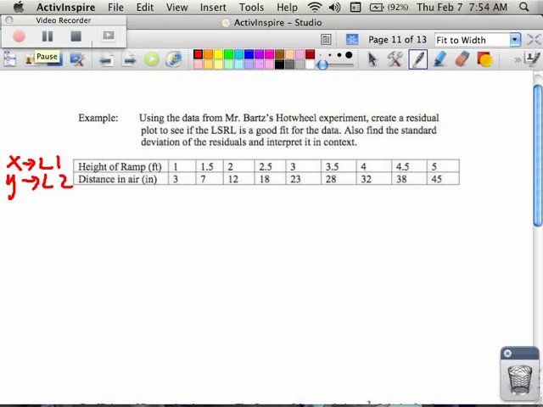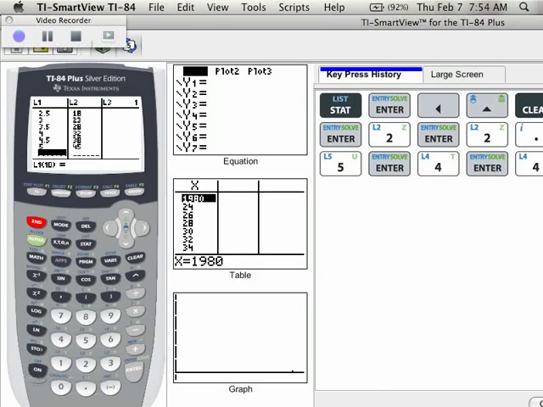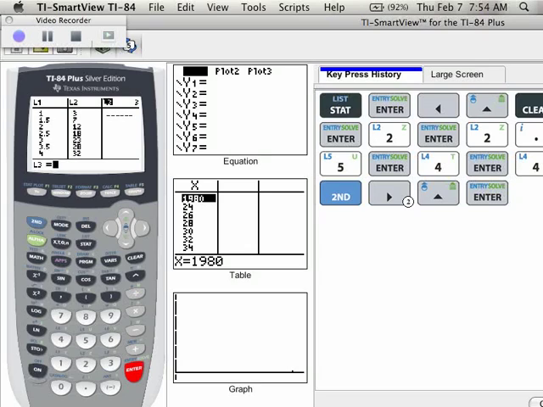Back from my residual plot information, if I go to my calculator, I have all this data in here. And in order to create a residual plot, I need to go into my Y equals. Oh, actually, I need to go to my L3, don't I? So arrow over to L3. Then we're going to arrow up, hit enter.